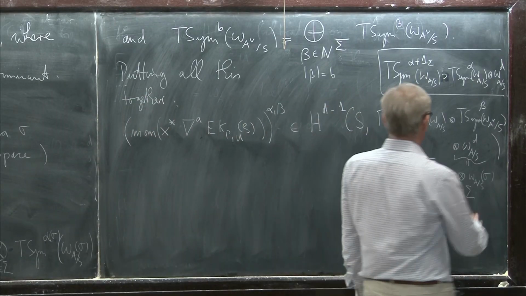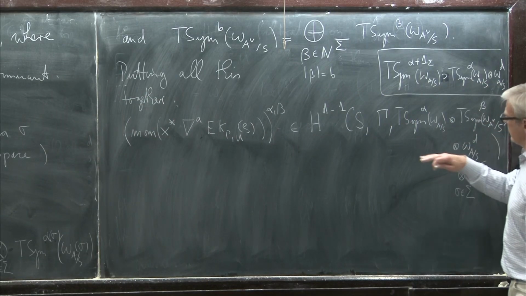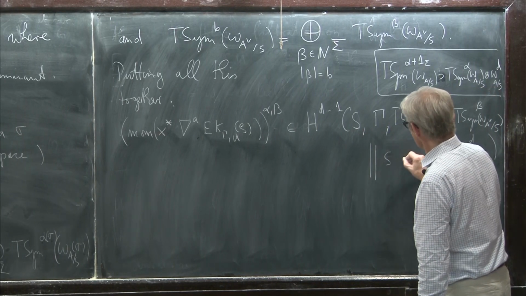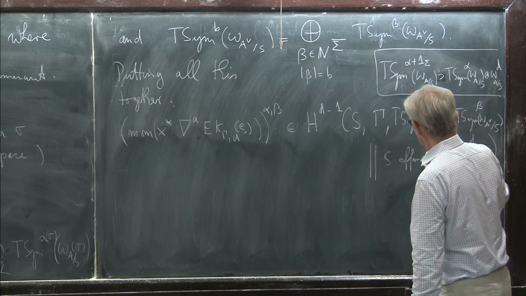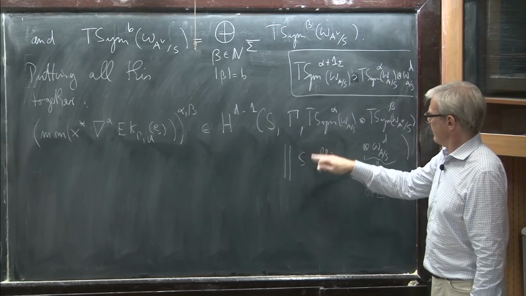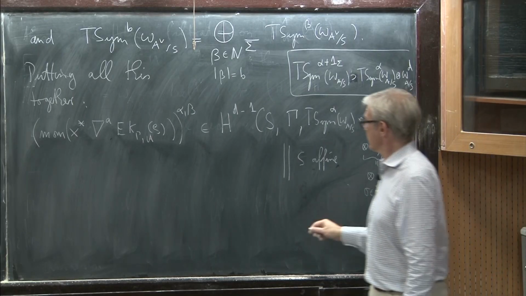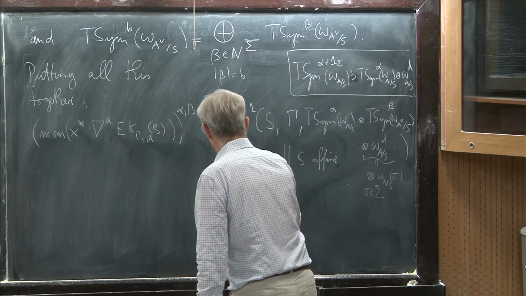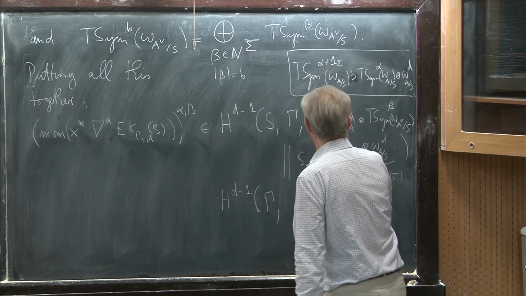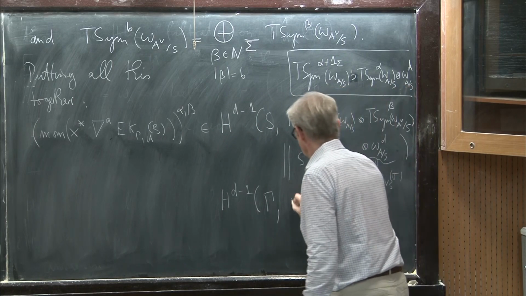But before we go on, we now realize that because S is affine, the spectral sequence collapses completely because there's no higher cohomology on an affine scheme with values in here. So this gives you just the group cohomology in degree d-1 of the global sections of this.